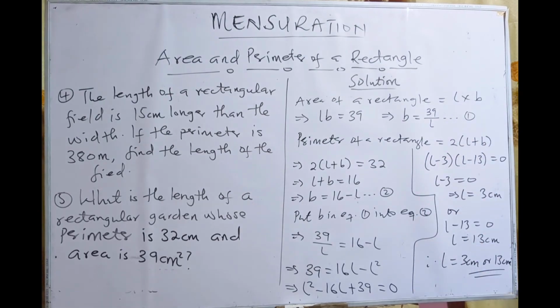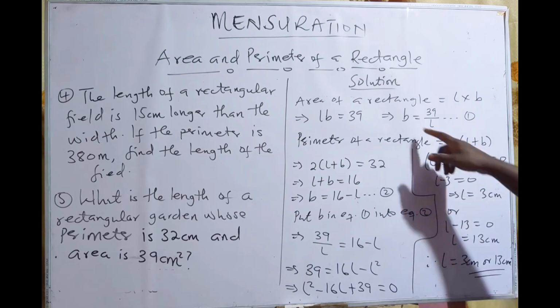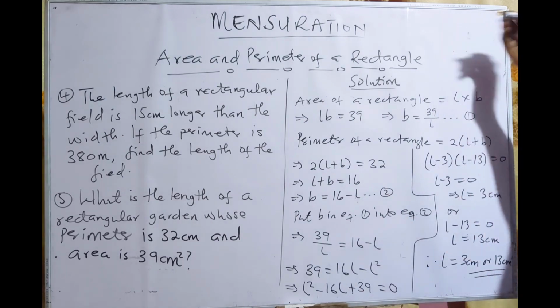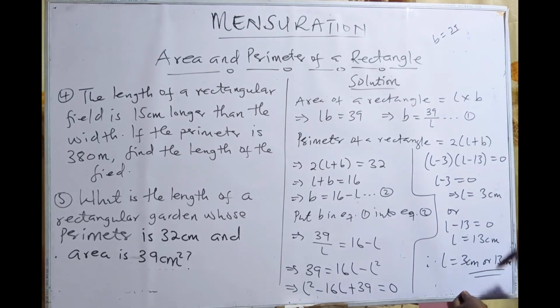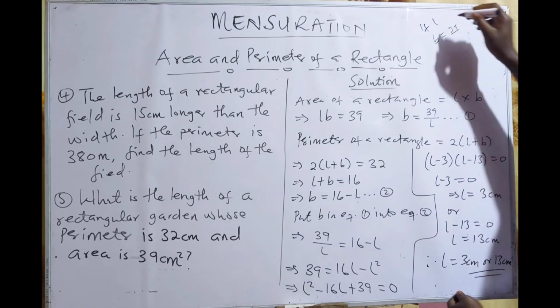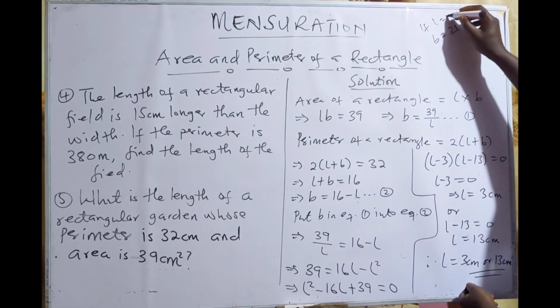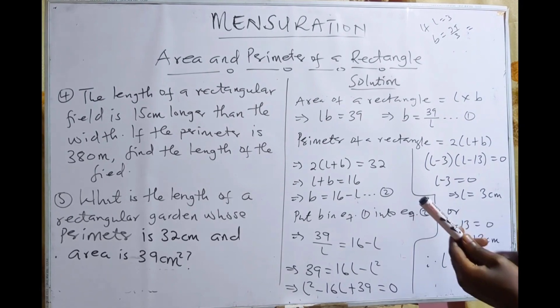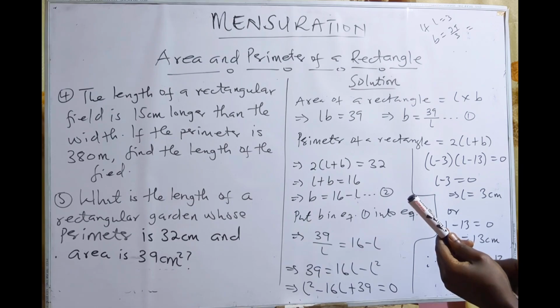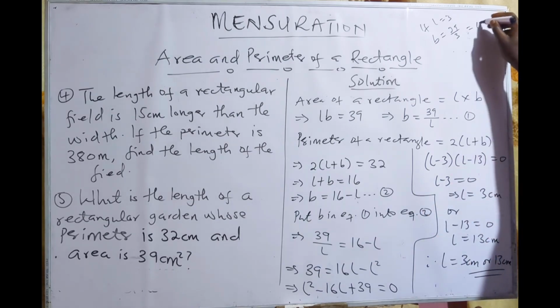Assuming you are supposed to find the breadth, we are also going to get two answers for the breadth. I can use equation 1. My breadth will be 39 over L. If L is equal to 3, the breadth is 39 over 3, which gives me 13.